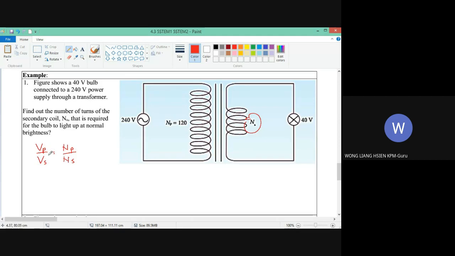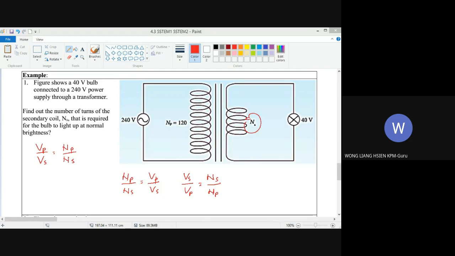You can write the number of turns on the left, or the secondary on top, no problem. It can be the voltage on the left or the number of turns on the left, the secondary on top or the primary on top. It's the same thing.